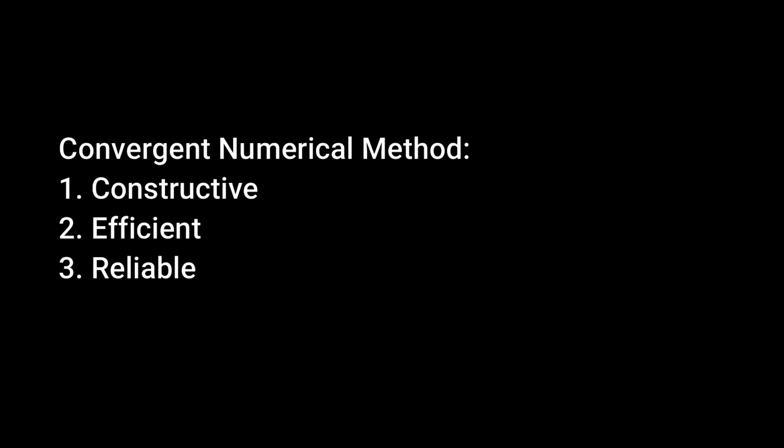So first, the method should be efficient, second constructive, and third reliable. If these three conditions are met, that means your solution is a convergent solution. That method is then the most reliable, efficient, constructive method of the numerical methods.